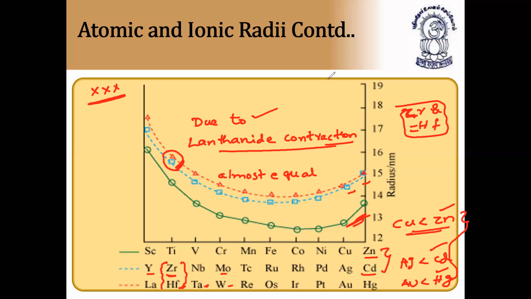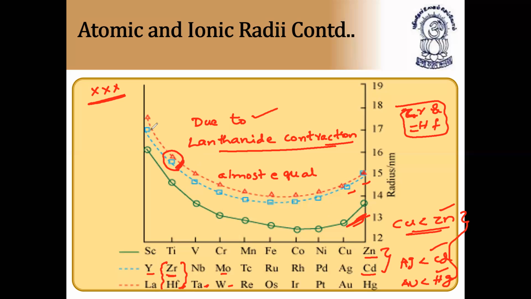Please note down all these points clearly, what I have rounded up, you can just see. When compared to the atomic radius of 3D, 4D is having more, because the 3D atomic radius is at least 13, but 4D starts with more than 15. You can see 16 plus.